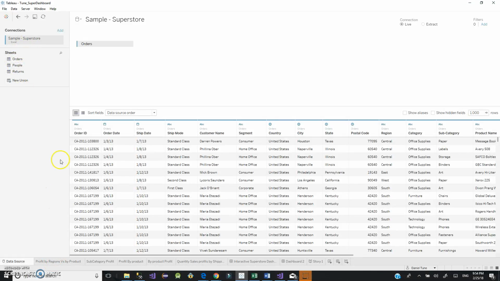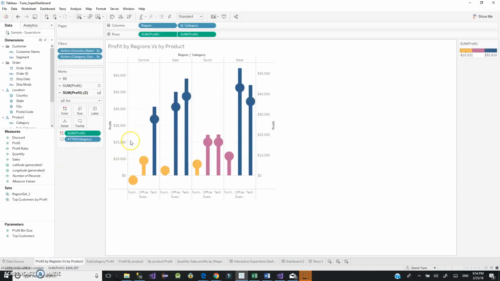It's right here, my sample store, and this is a worksheet for the profit by region versus product.